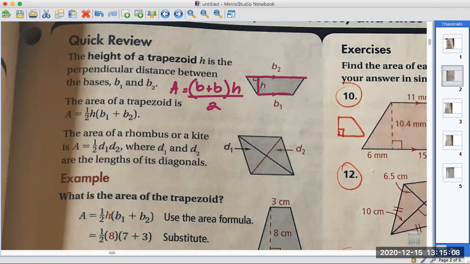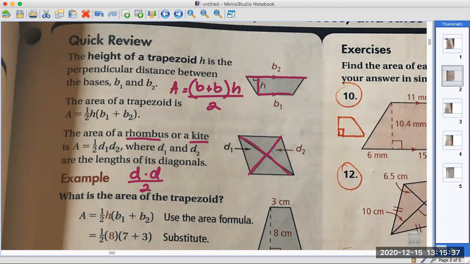Again, the height and the bases are perpendicular. Then we have a rhombus. So you have diagonals and you need to multiply those and divide your answer by 2. That's this formula, or diagonal times diagonal divided by 2. That's a rhombus or a kite. Both of those have that formula. But remember, sometimes they're only giving you part of the diagonals.